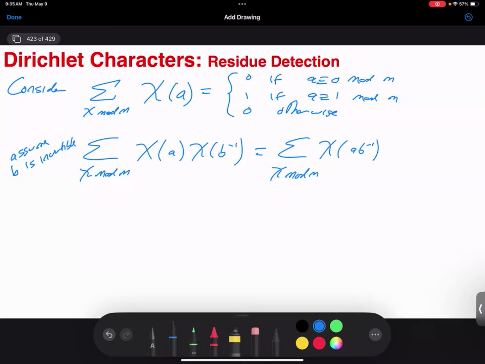What would that sum equal? We just showed above that if I sum over all characters, I get 0 if my input is 0 mod m, 1 if my input is 1 mod m, and 0 otherwise. So what would this sum be? It's going to be 0 if a b inverse does not equal 1.